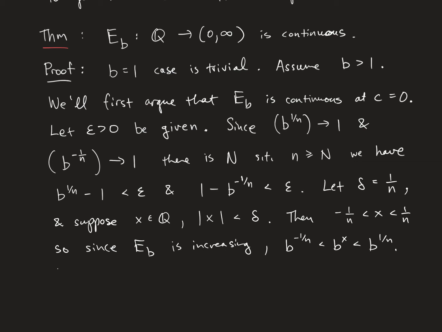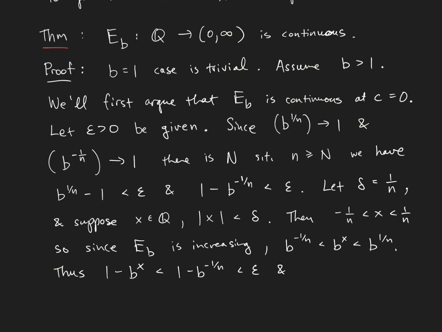So thus 1 minus b to the x, well, b to the x is bigger than this, so that means when we subtract b to the x, that's going to be smaller than 1 minus b to the negative 1 over n, and that is less than epsilon.